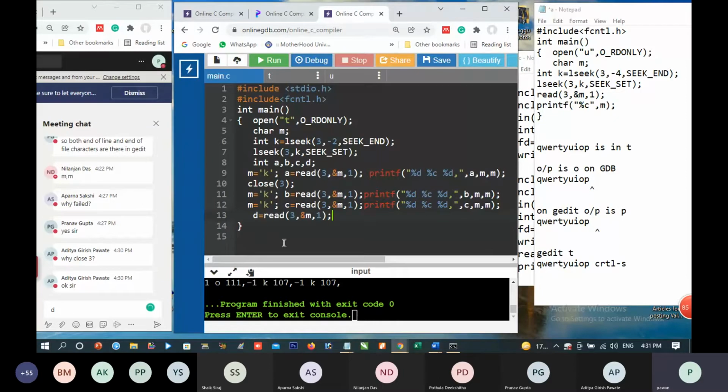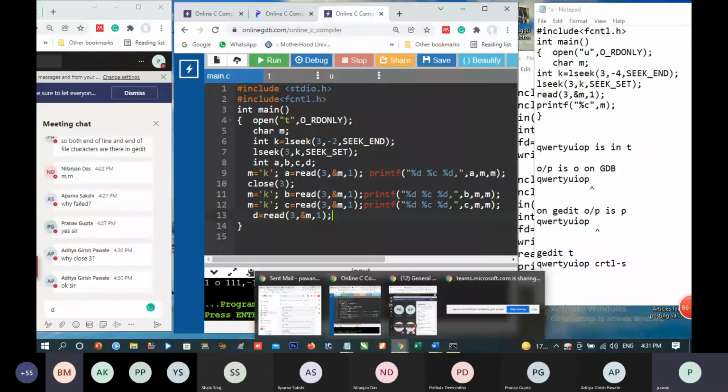Reading is not done, and the value returned by the read is 0, meaning 0 letters read. What is your doubt now?